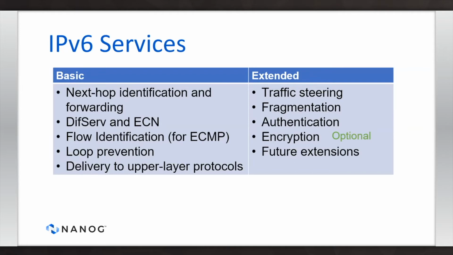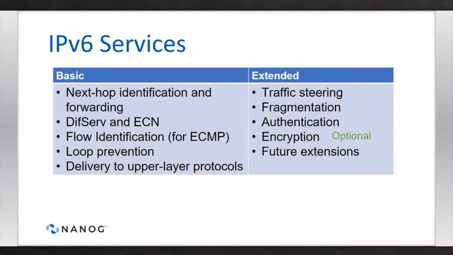Echo, do you want to have any kind of explicit congestion notification? Flow identification, important for equal cost multipath. We'll talk about that later. Loop, well, it's not so much loop prevention, it's a certain amount of looping can go on in either IPv4 or IPv6, but it can't go on forever. So we'll call it loop prevention. And delivery to upper layer protocols. Those are all the basic services.